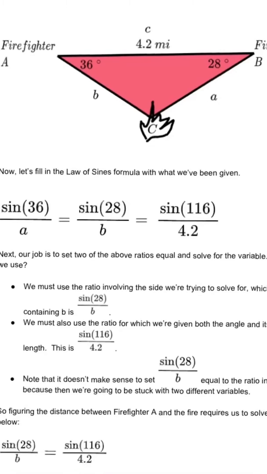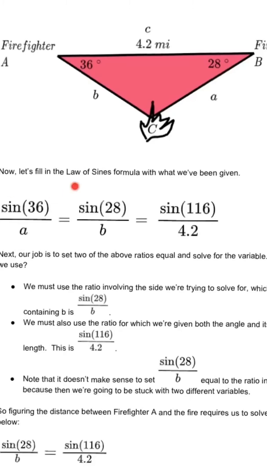You'll notice that on this page, I've labeled the triangle according to which side is across from which angle. So side little a is across from angle A, side little b is across from angle B, and side little c is across from angle C. Now that we've properly labeled our triangle, we can fill in the law of sines formula with the information that we've been given.